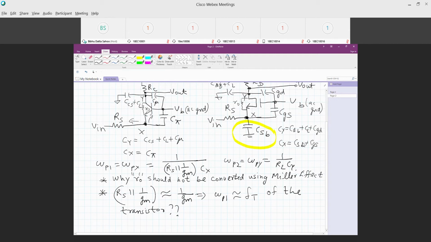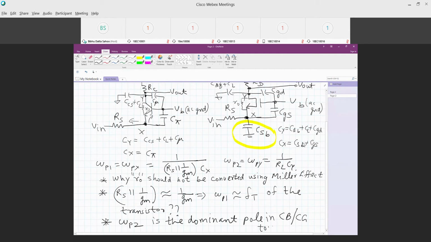Ft is the unity current gain frequency. So therefore, omega P1 is a very high frequency pole, which implies that omega P2 is the dominant pole in common base / common gate topology.